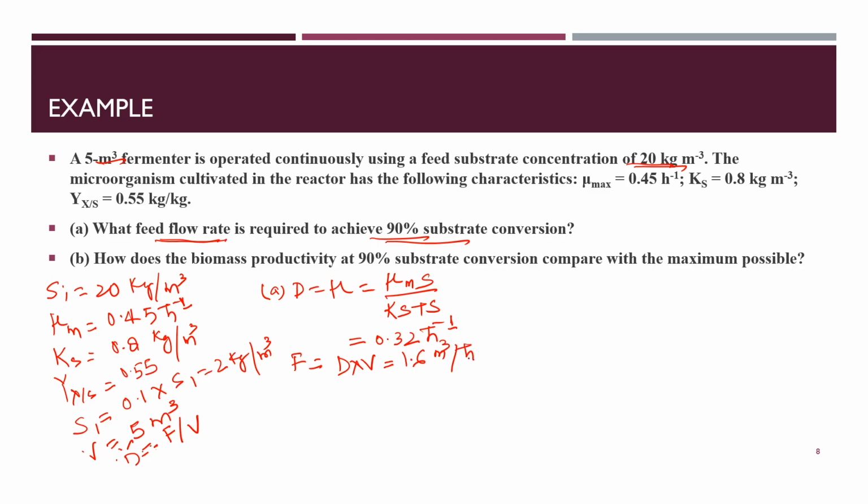Now, part B asks: how does biomass productivity Qx at 90% substrate conversion compare with the maximum possible? So, how do we get the maximum possible value?